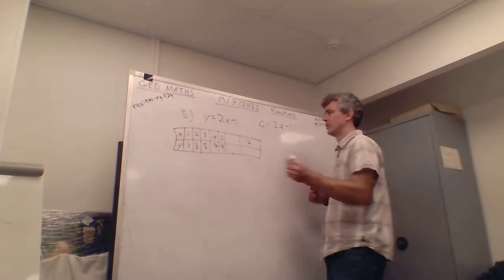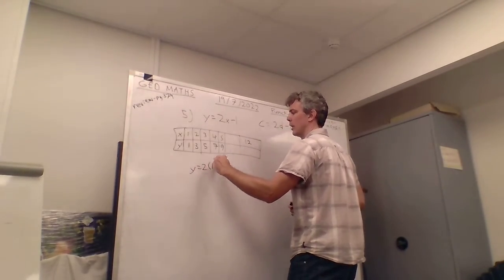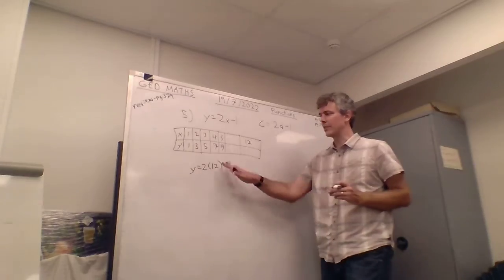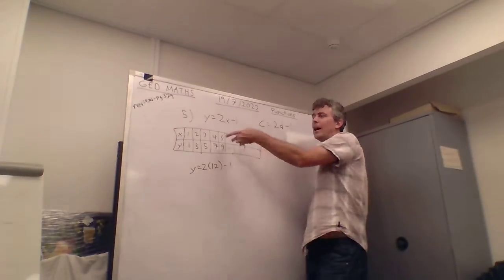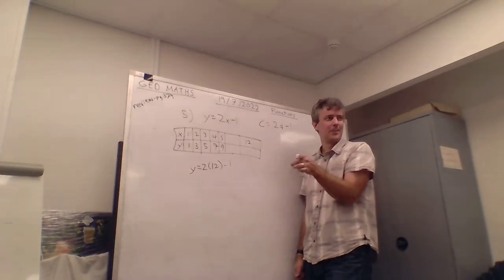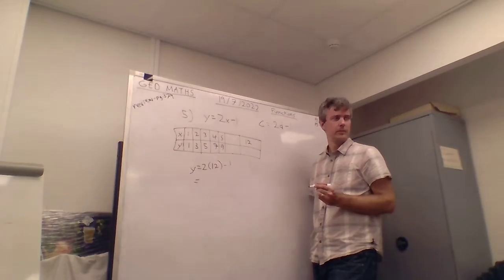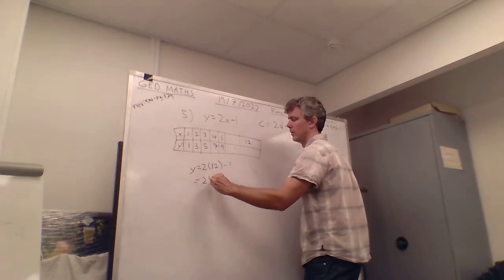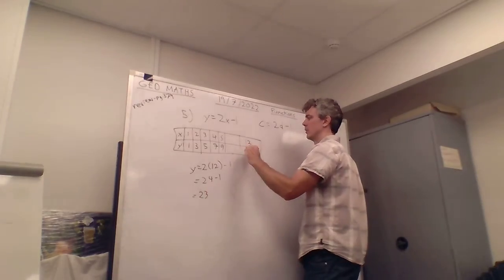Y equals 2 times 12 minus 1. Having the equation of a function of a pattern is great. It's more difficult to find the equation of the pattern, which some of them have. So 2 times 12 is 24, minus 1 is 23. So 23.